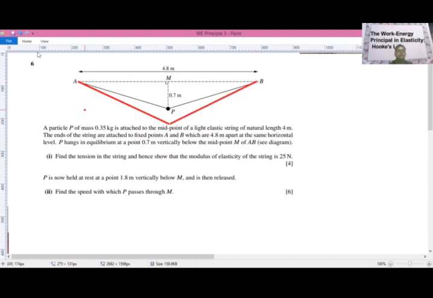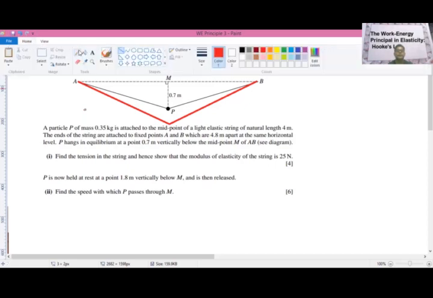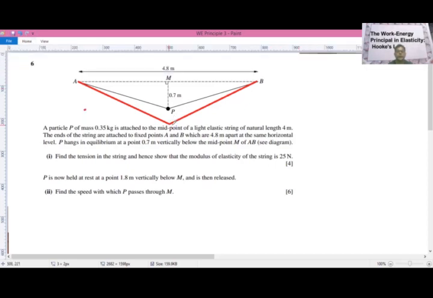You can say that this particle is now held over here by a force F. The question said that P is now held at rest at a point 1.8 meter vertically below M. That means there must be some extra force other than the weight W applied here.